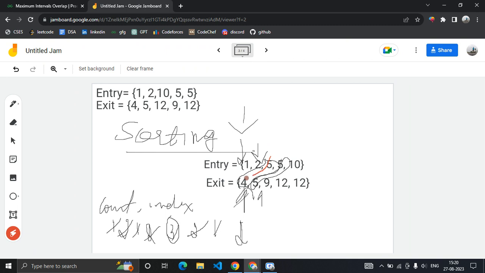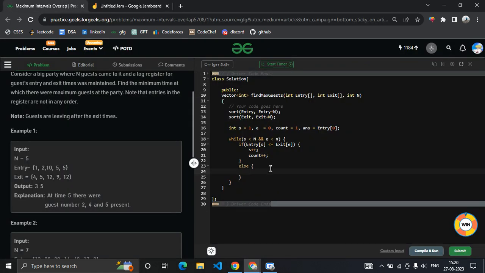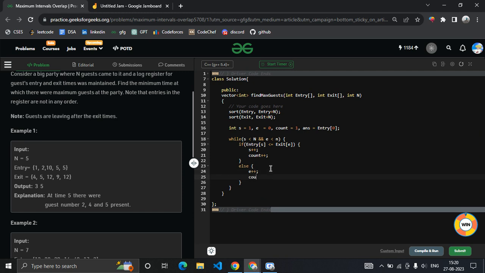In this example, 5 and 4, it is not the case. 5 is not less than or equal to 4. So we decrement the counter and increment the exit pointer. We'll increment the exit pointer and decrement count, count minus minus.